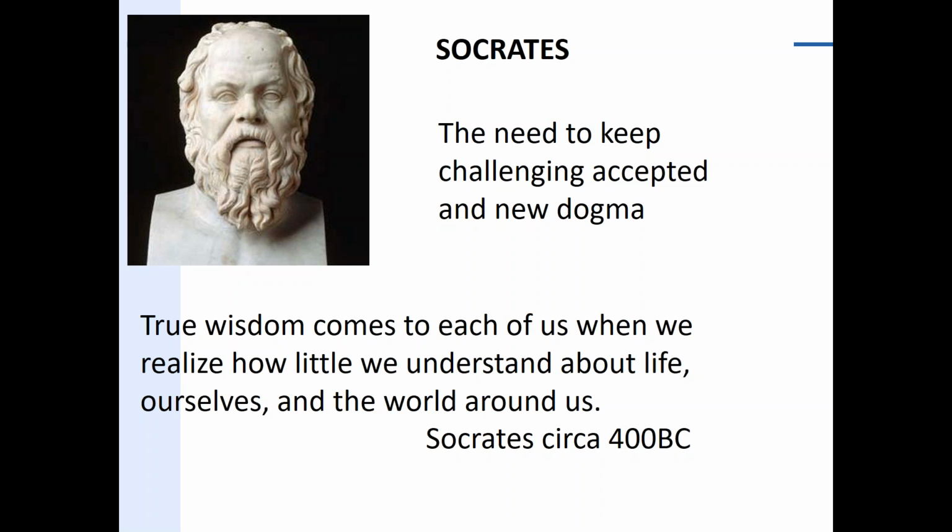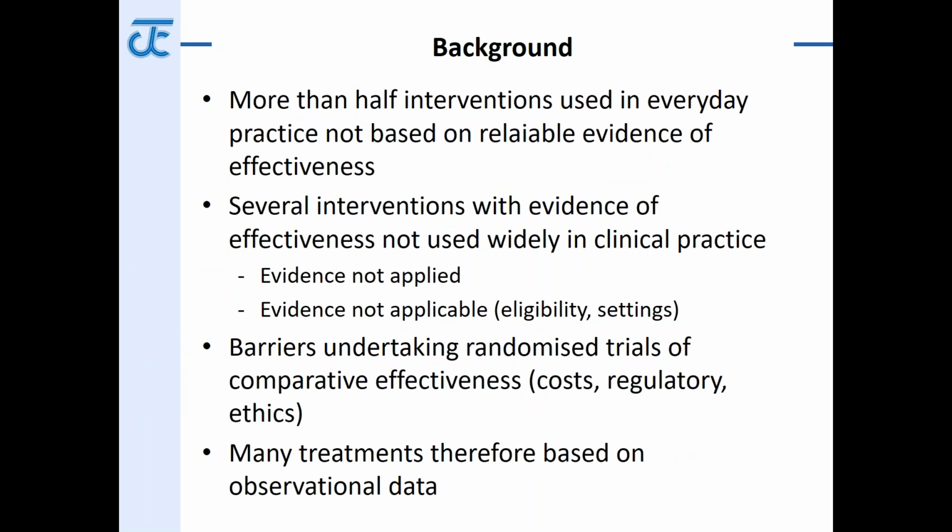Just to go over a little bit more of the background or the rationale for this approach, a lot of treatments that we use today are still not based on reliable evidence, and therefore there's a need to look at practical ways of increasing the randomised evidence base to guide future therapies. And there are several interventions where we do have good evidence, but they're not widely used in clinical practice, or not as much as we think they should be, either because the evidence is currently not applied, or because people consider the evidence is not applicable.